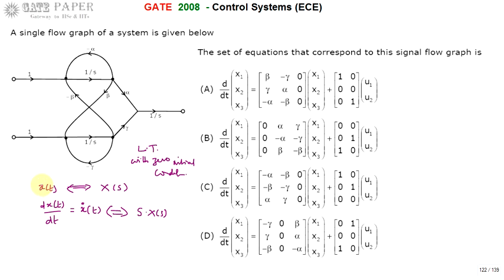So if the time domain signal is differentiated, in the frequency domain it is multiplied with s.